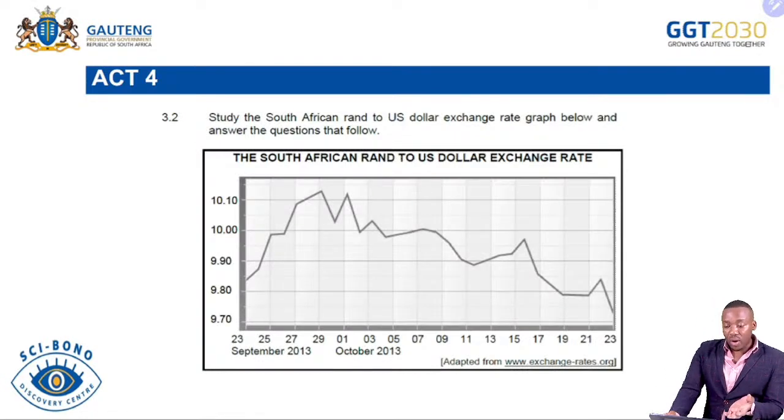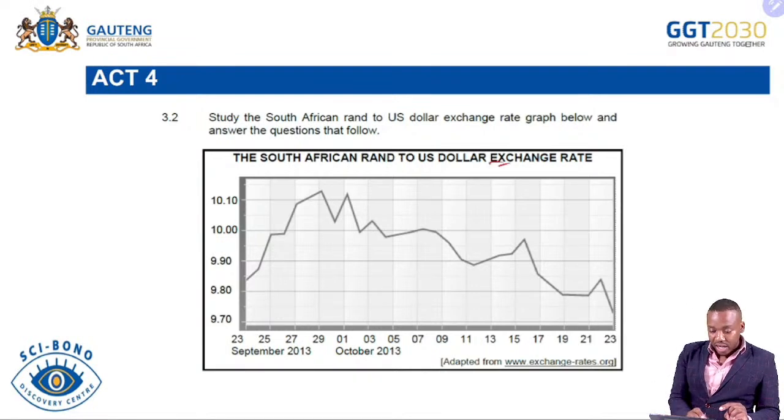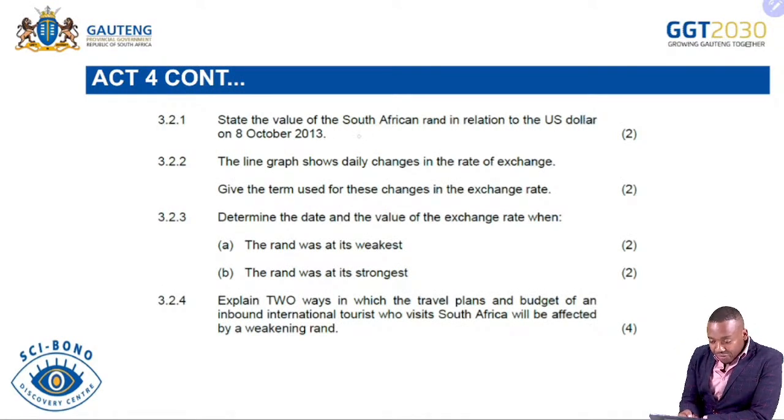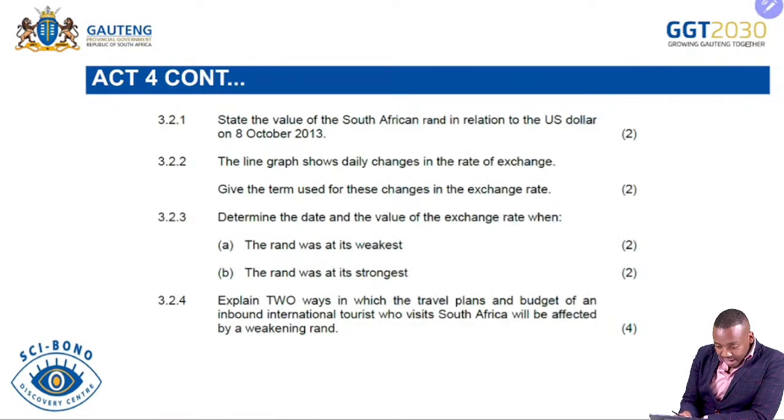Right? This one, it is about that currency exchange. Remember I said, know your heading, check your y-axis, check your x-axis, check what's going on inside, identify your years. Let's just check one question before we leave. Again, state the value of the South African rand in relation to the US dollar, meaning you're supposed to go inside your graph and check the amount there, right?